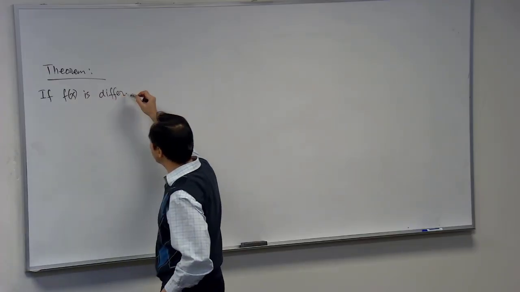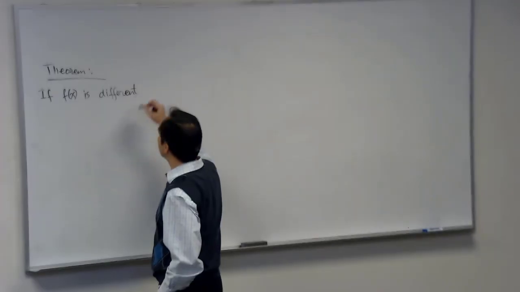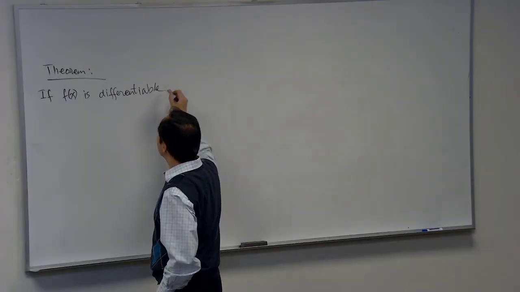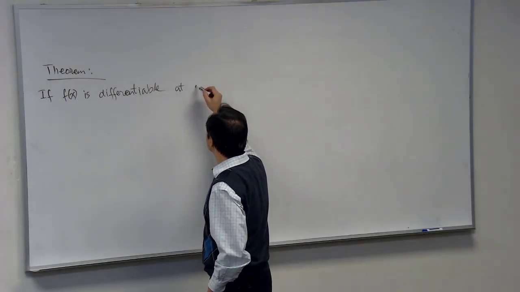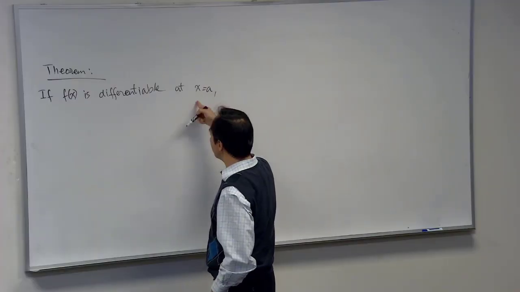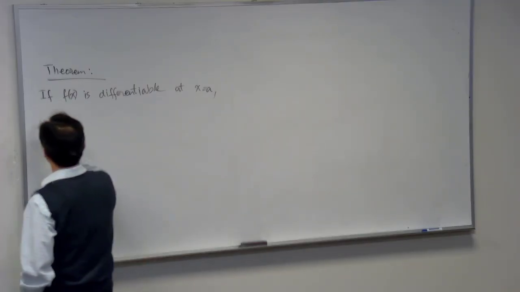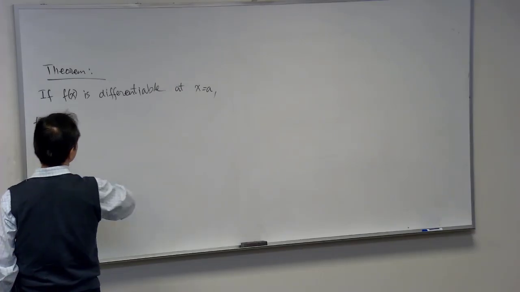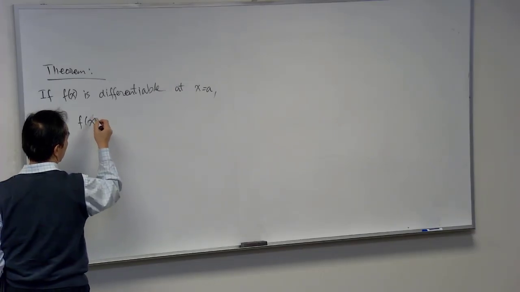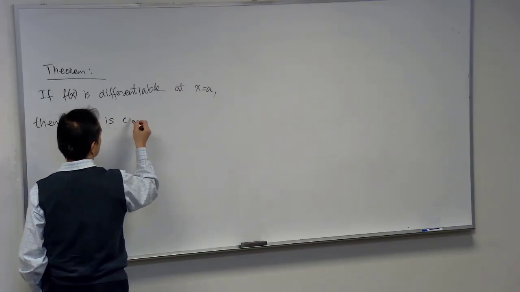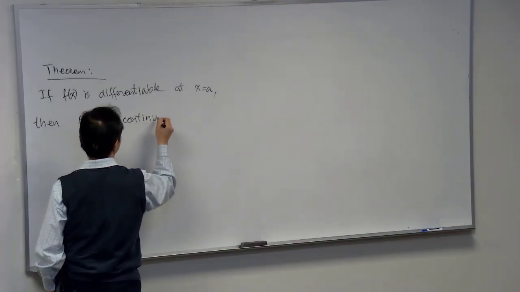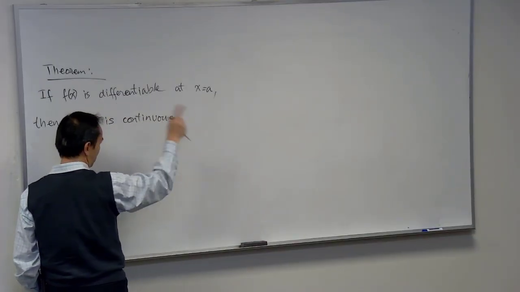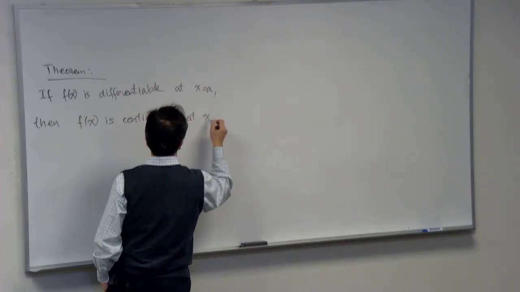Now, the theorem starts out: if we know that the function f of x is differentiable, so if we know that f of x has a tangent line with a finite slope at the given value x equals a, then we can imply that the function f of x is continuous at x equals a.